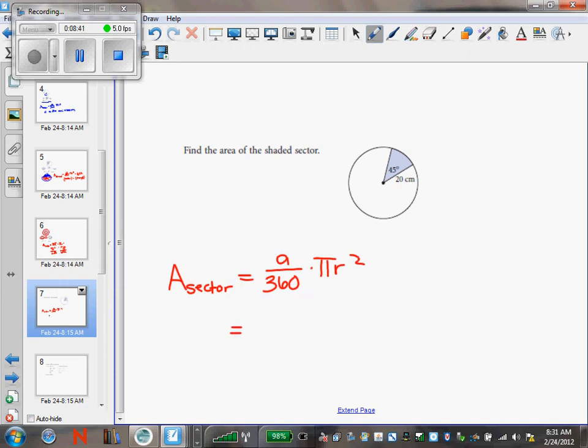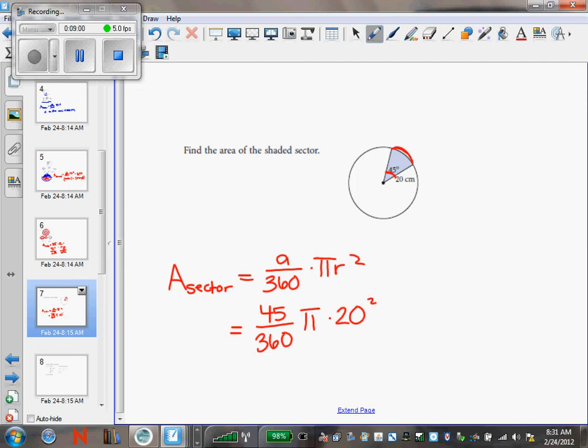Well, because we have a central angle, we know the measure of the intercepted arc will be 45. So 45 over 360 times pi times the radius, which is given to be 20 squared. Now you just have to simplify that.